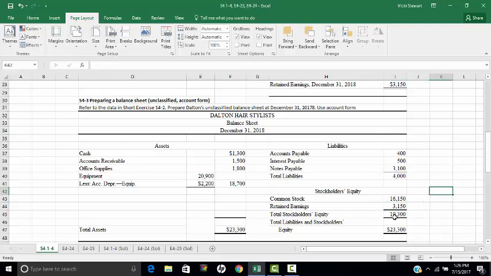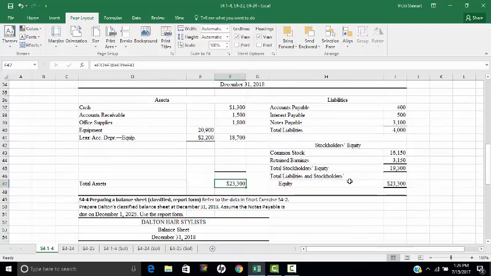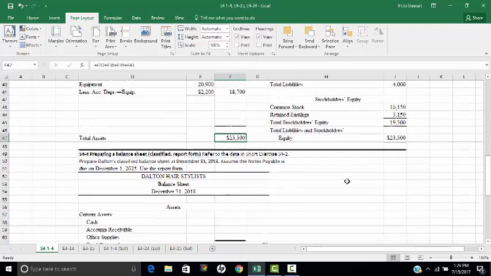And then that gives us a subtotal for stockholders' equity. And then when we add liabilities to that subtotal, we get total liabilities and stockholders' equity of $23,300. That equals our total assets, and we know that our records are in balance.